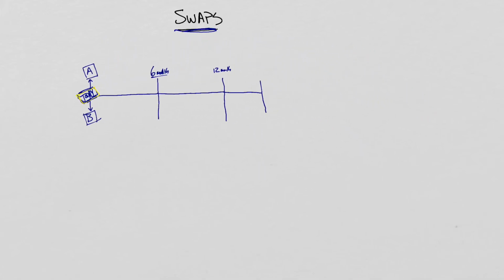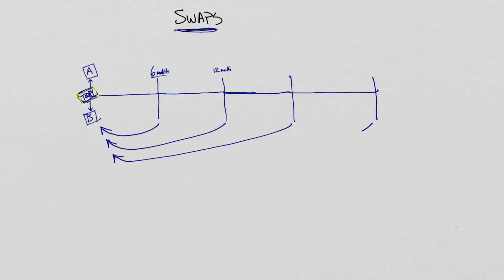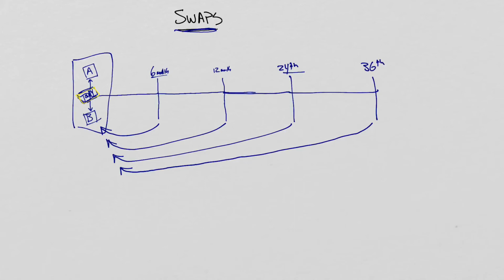But the point is that a swap is just like a forward contract, but in fact it's a series of forward contracts stacked together and decided all at once at the beginning of all this. And so we will figure out the profit and loss to a swap later on in more detail. But conceptually speaking, a swap is really like a bunch of forward contracts stacked together into one single security.